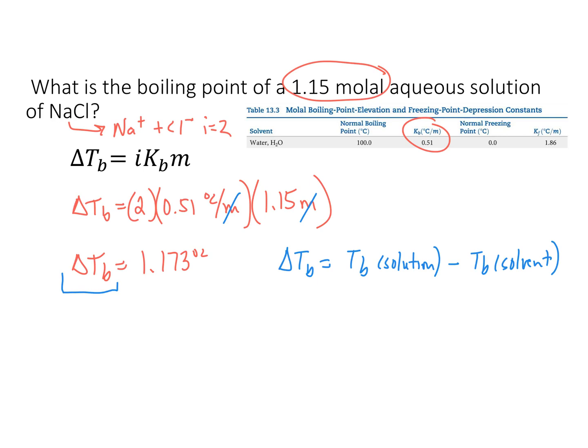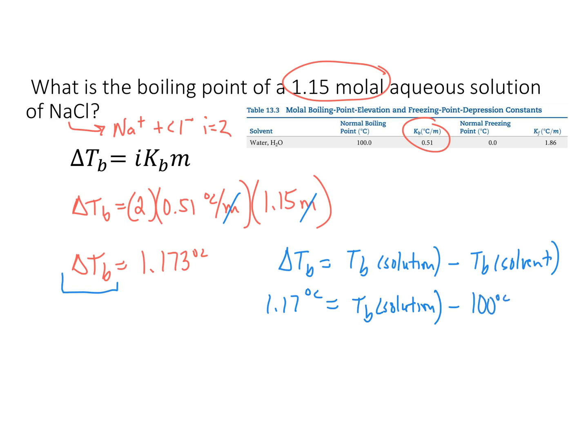And so here, my change in boiling point is 1.17 degrees Celsius. What's the boiling point of the solution? That is the water and the salt together, minus the boiling point of the solvent, which is 100 degrees Celsius.